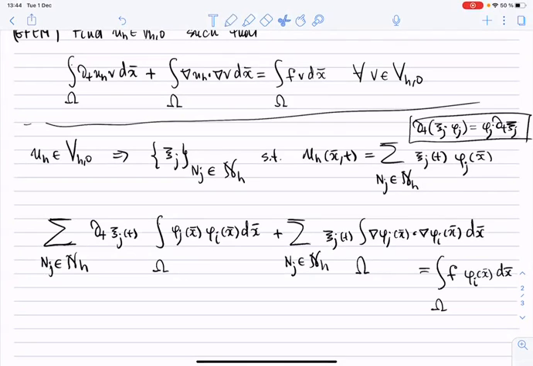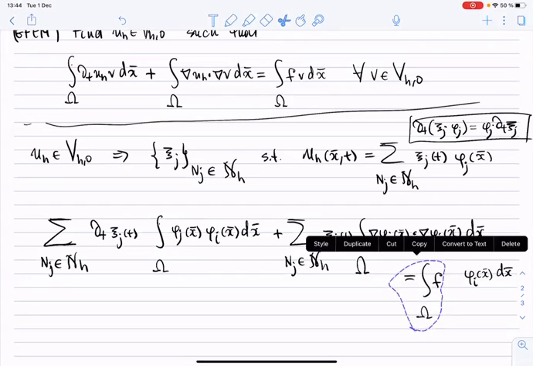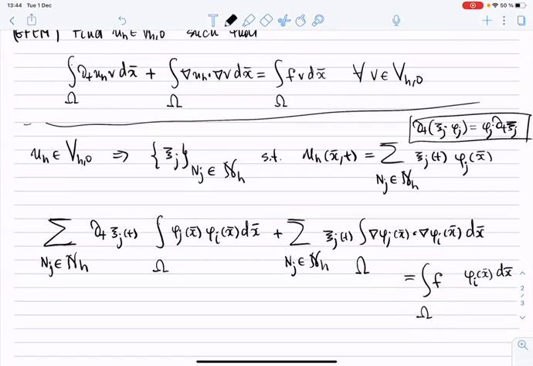Of course, this f depends on space and time. It's a function that changes in time and space as well.